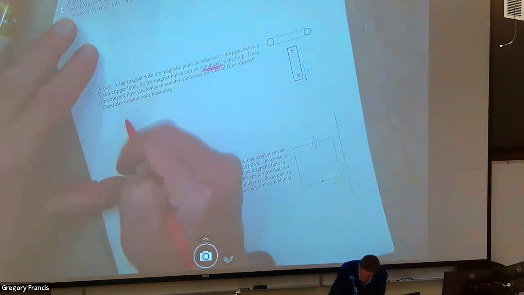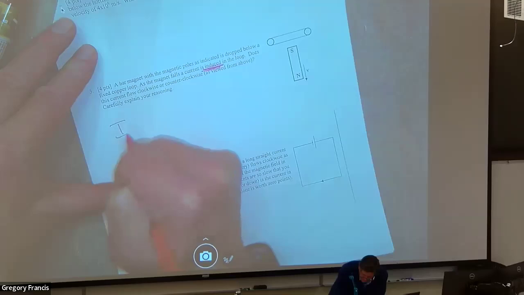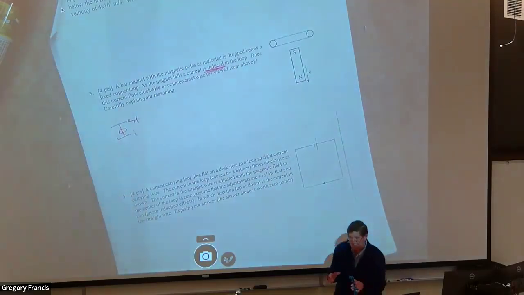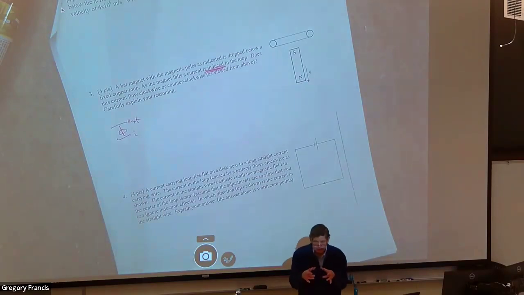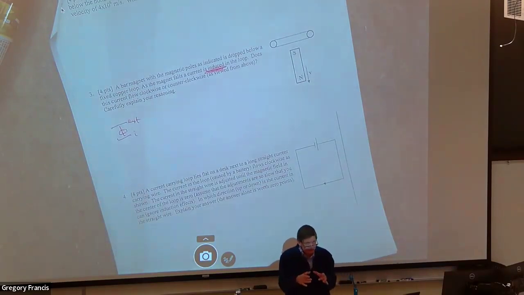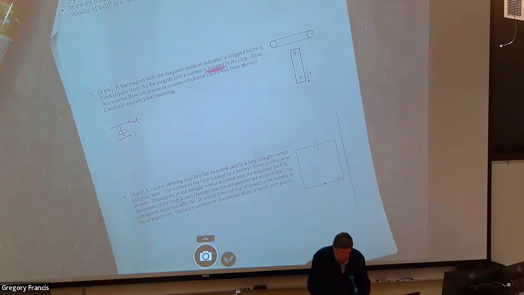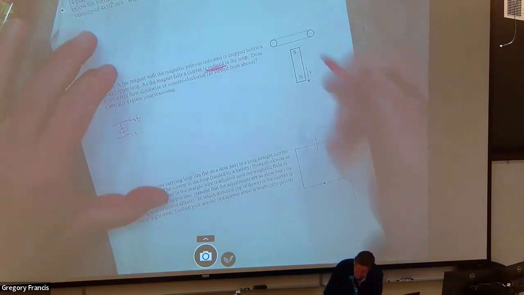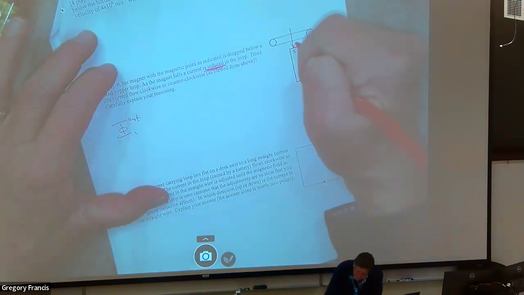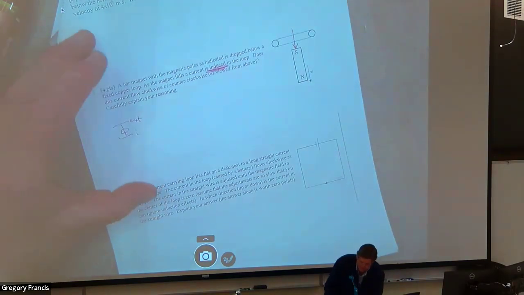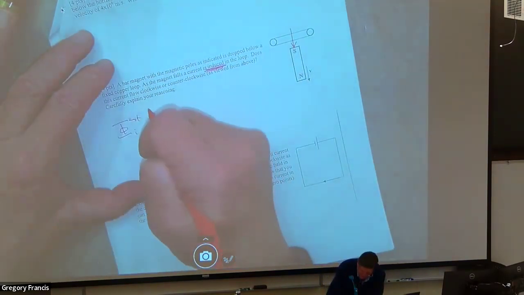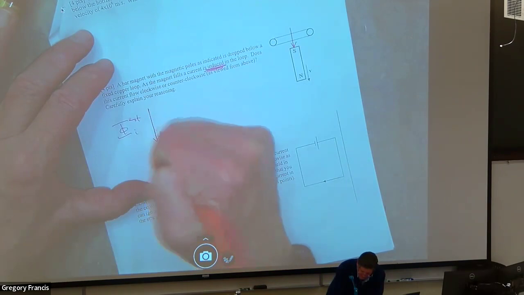So here I would say the external flux initially, and again, if I'm looking for the induced current in the loop, external means everything that's not the loop. So in this case, it would be the bar magnet. And I know that for a bar magnet, magnetic field goes towards the south. And so I'm going to have a magnetic flux down.